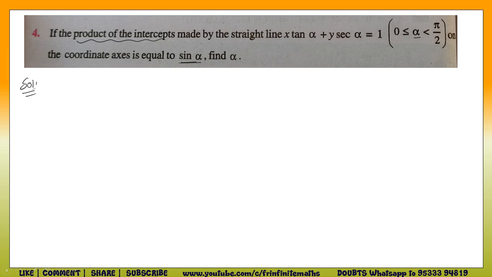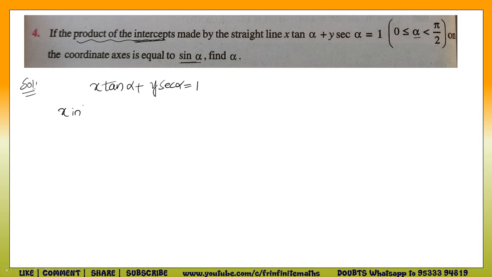Now let us see this. So what is the given question? The given equation is x tan alpha plus y secant alpha is equal to 1. First of all we need the intercepts, no? To find the intercepts, either you can convert it into intercept form, or you can make use of what we should already know.